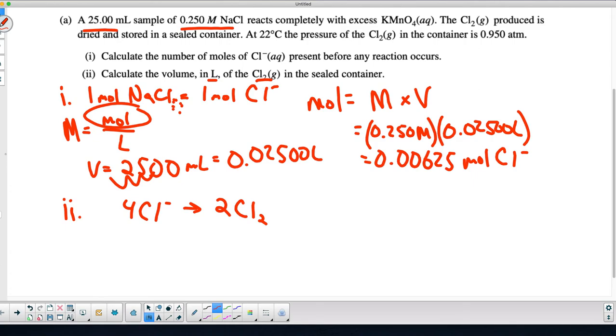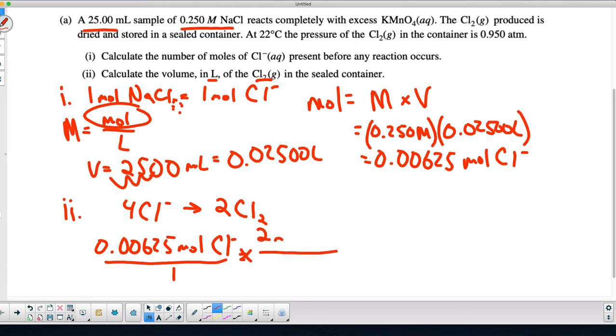So changing the moles of chloride, over 1 times 2 moles of chlorine gas divided by 4 moles of chloride, like this. I should put the moles in there first, like that.